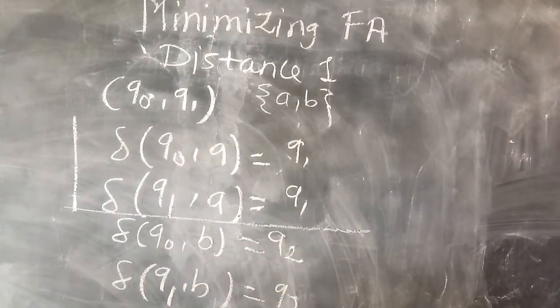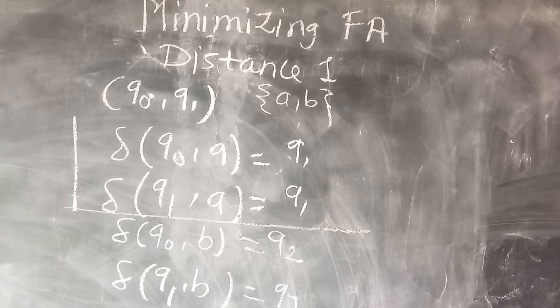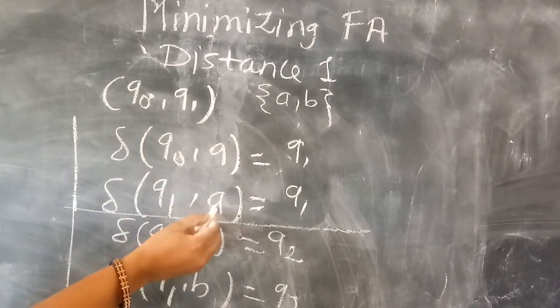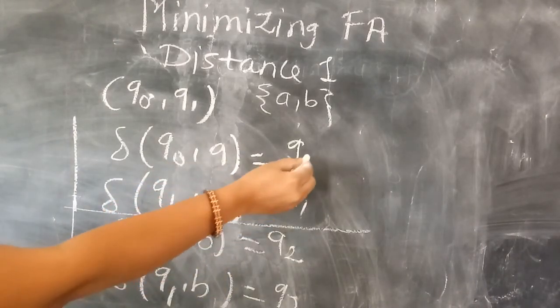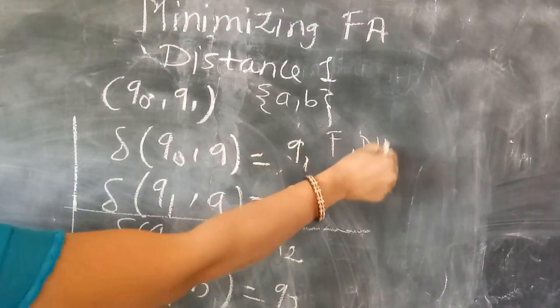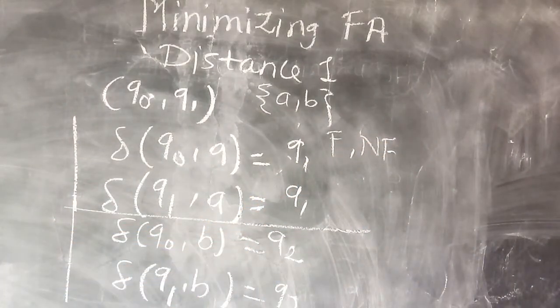Now, how will we identify whether there is any distance present between these states, means whether distance 1 is present between q0 q1 or not? Carefully see the outputs of these two calculations. When for the same input the two states give outputs where one belongs to a final state and the other belongs to a non-final state, in such a case there is a distance between those states.